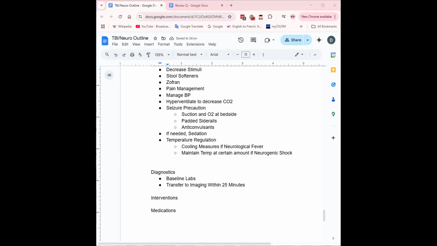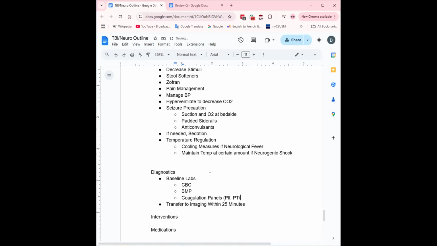I didn't really write any of it down, because it's just get the baseline and call it a day, but I'll include it. So platelets, PT/INR, PTT. I think he said toxicology and stuff. ABGs.